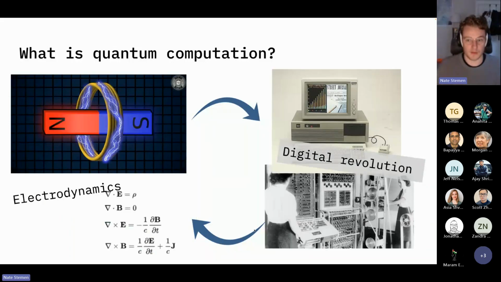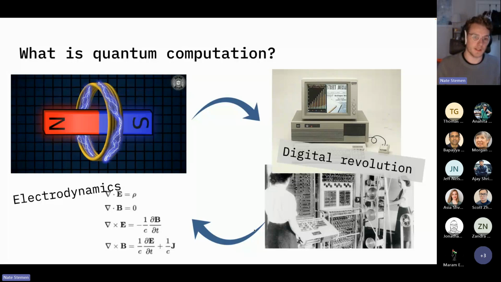And then again, as we understood the physical theories of electrodynamics, maybe 200 years later or so, we had Maxwell write down his famous 4 equations on how electricity and magnetism work and the dynamics of those. We were then able to harness that knowledge of physics to build something like a computer.